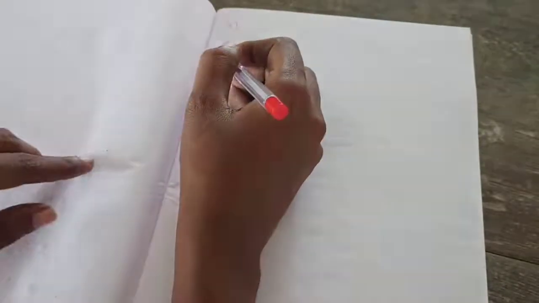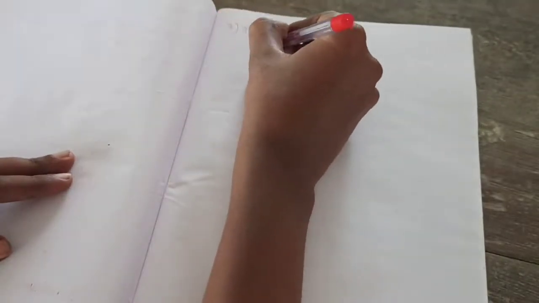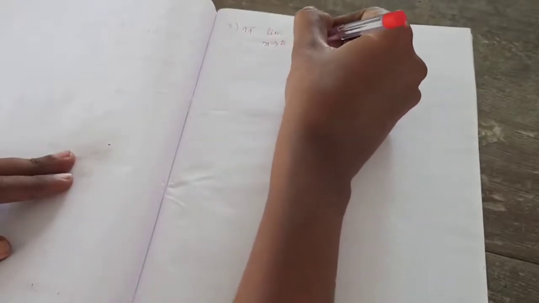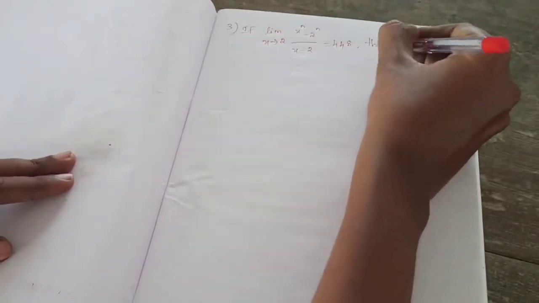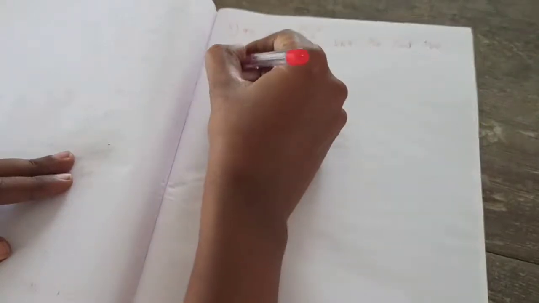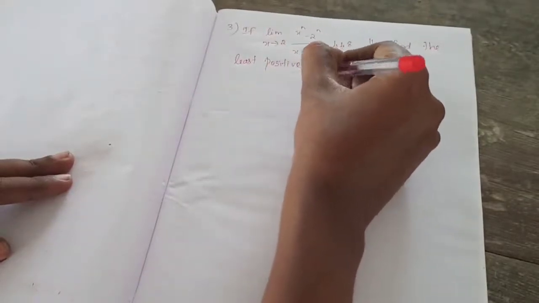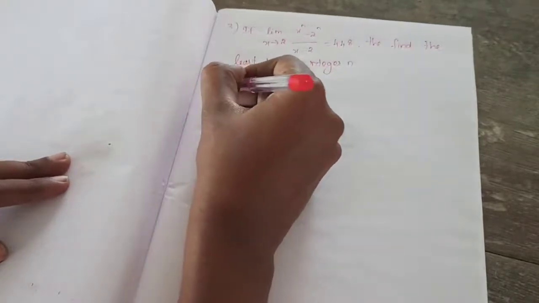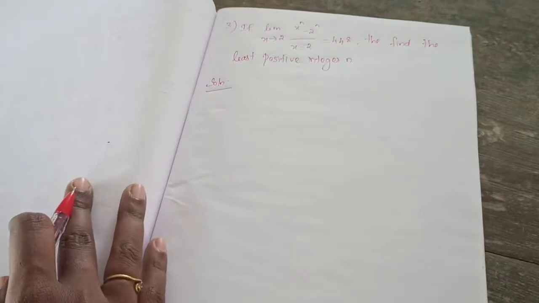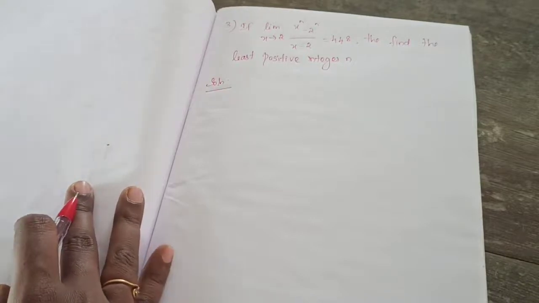Now the next one, number 3. If limit x tends to 2, x power n minus 2 power n divided by x minus 2 is equal to 448, then find the least positive integer n.